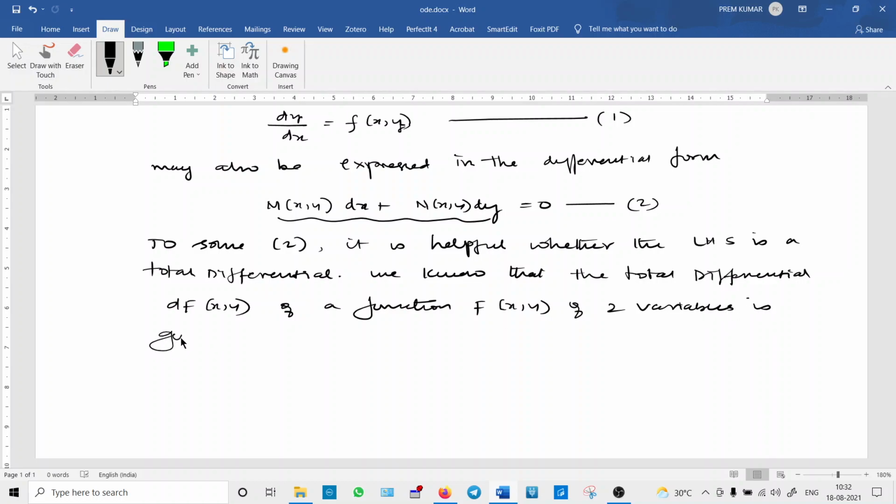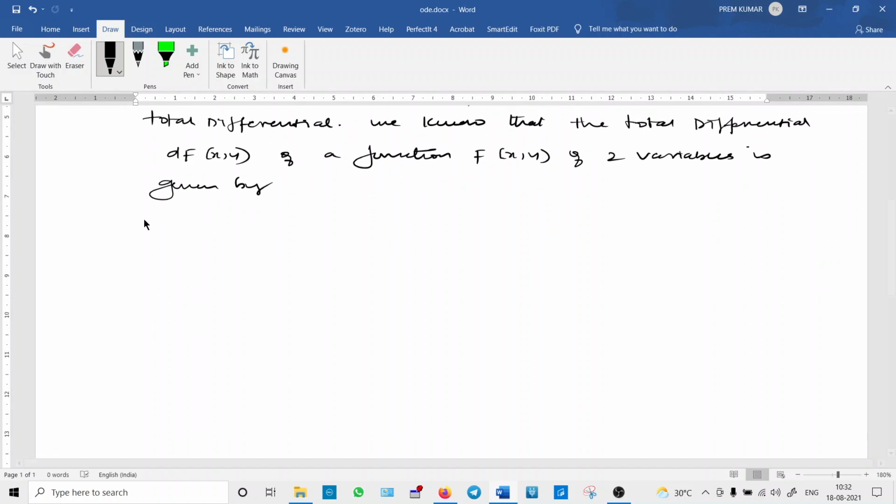The total differential of F, that is dF, is given by the following. This is called the total differential of a given function capital F. It is nothing but, first we differentiate this function partially with respect to x into dx, then the same function we partially differentiate with respect to y into dy.